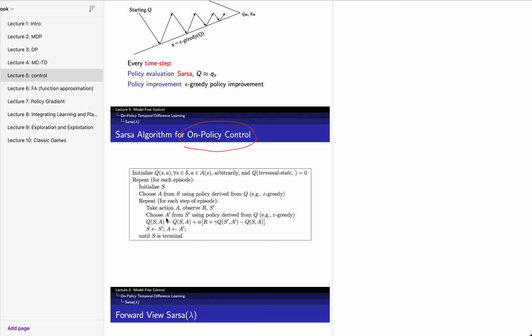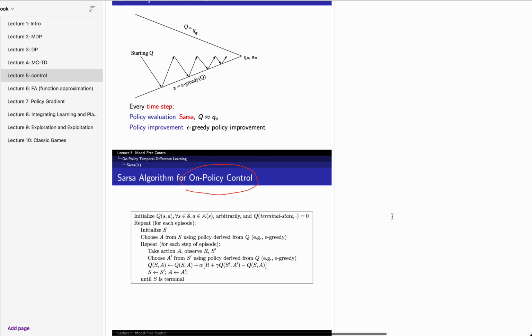Then we'll choose the next action A' from S' using the policy derived from Q. Again, it's an epsilon greedy policy. Then we'll use Q(S',A') to update Q(S,A). And then S' becomes the next S, A' becomes the next A, until S is terminal. That's SARSA. It's an on-policy control algorithm.